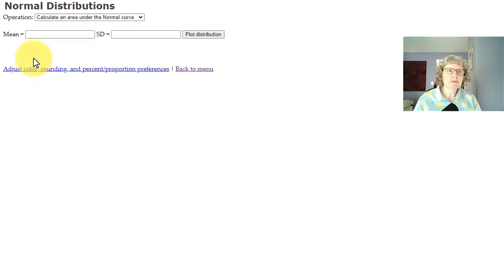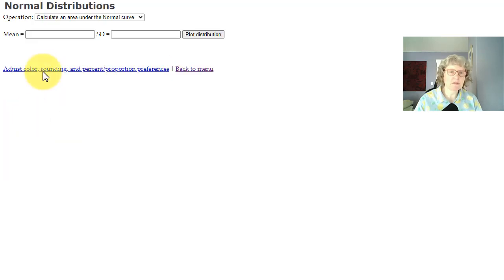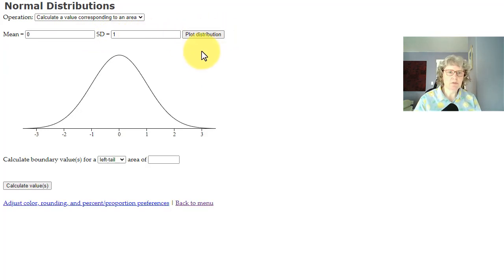Okay, here's Stapplet. I'm on the Stapplet normal distribution, and if you are on the main Stapplet page, you're going to go under probability. The first one is normal distributions. Under operation, I need to select the second one, calculate a value. A z-score is a value, right? And we put in our 0, 1 for our mean and standard deviation, and plot the distribution.